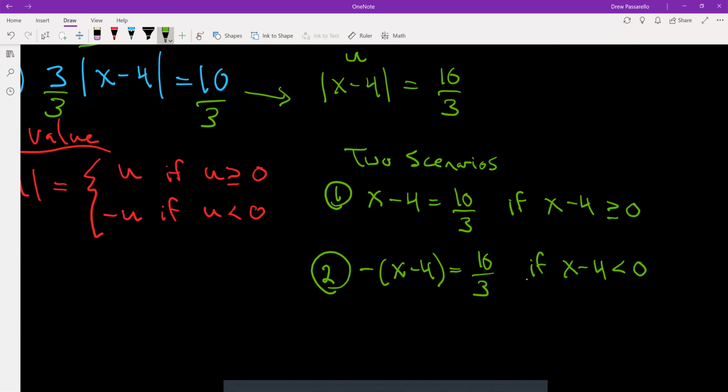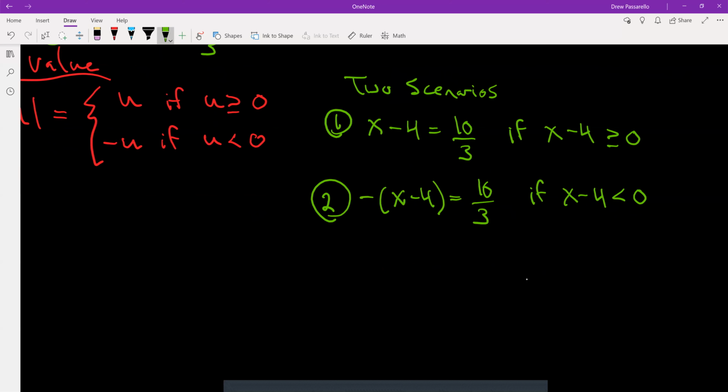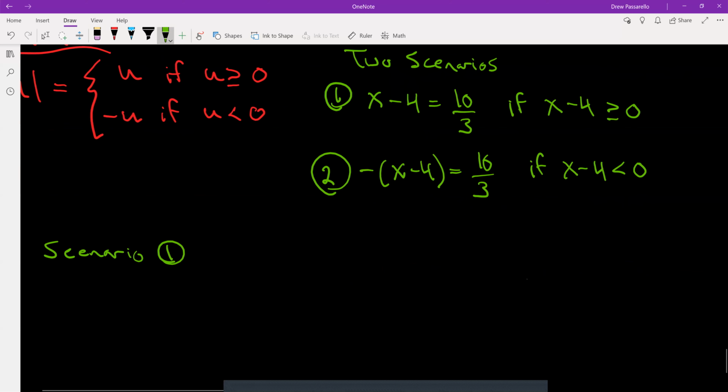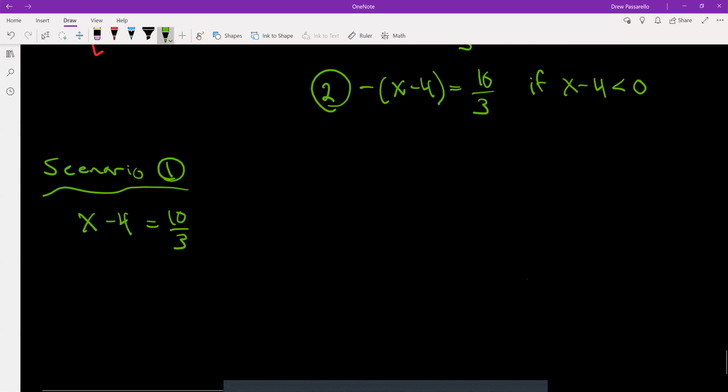Now, if I went with each scenario, let's say I did the first one. I just add 4 to both sides to get x by itself.